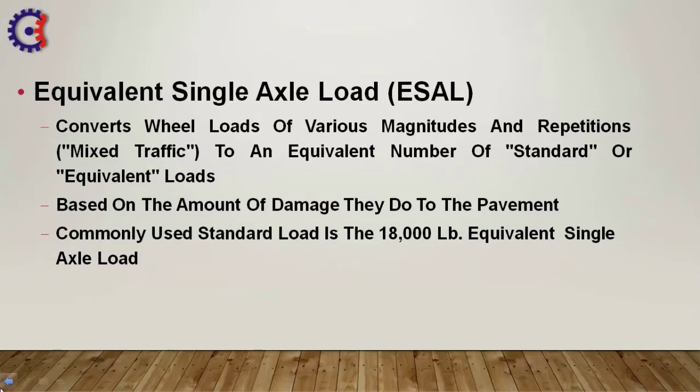It converts wheel loads of various magnitude and repetition, that means mixed traffic, to an equivalent number of standard or equivalent loads, based on the amount of damage they do to the pavement.